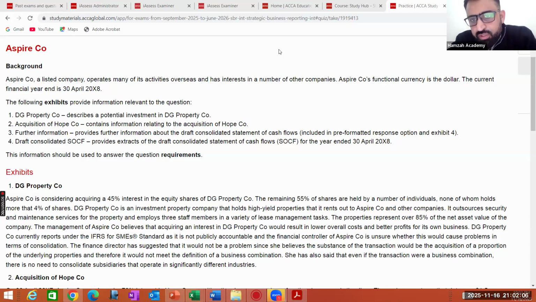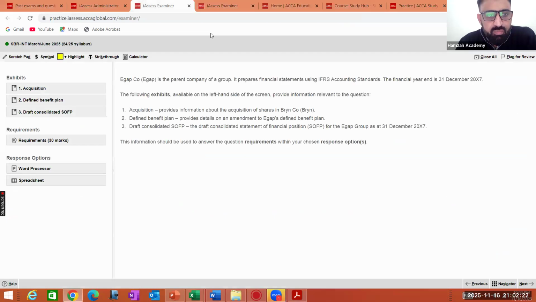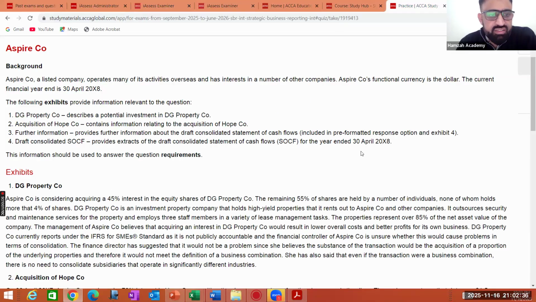But now just remember that interest payments and dividend payments can only be presented under the financing category of the cash flow statement. They can never be presented under the operating activity.